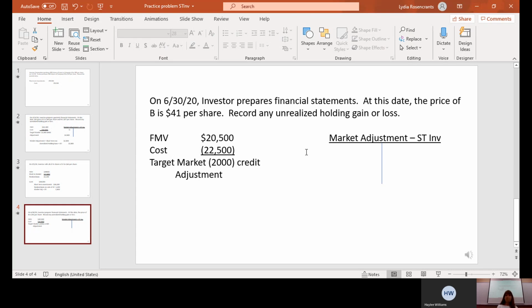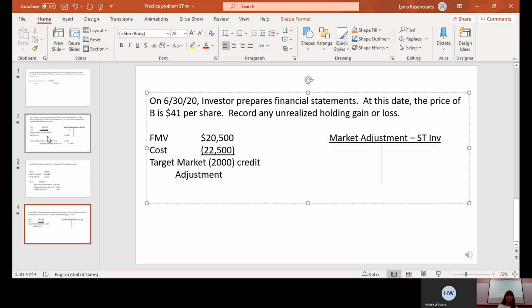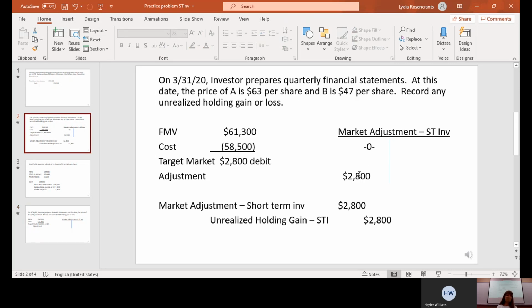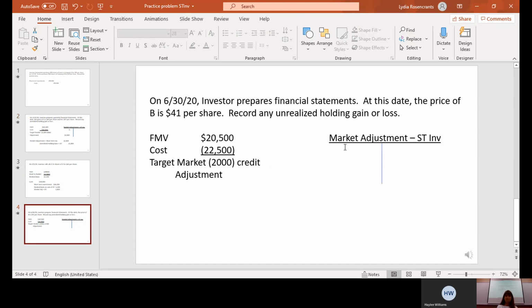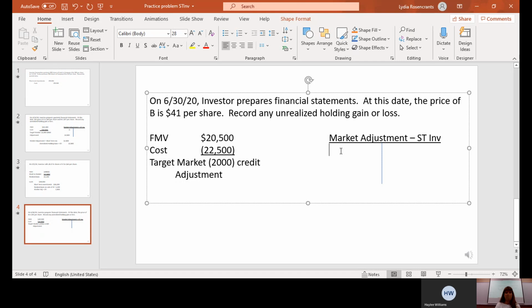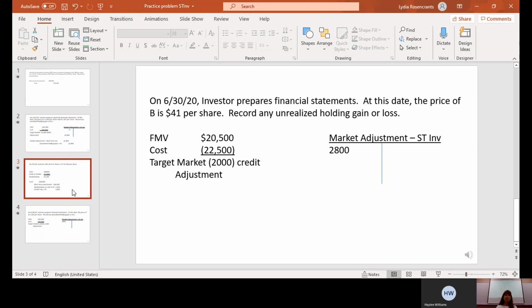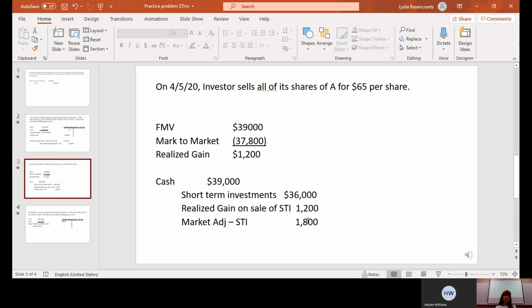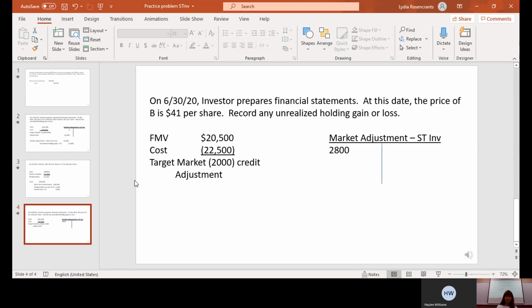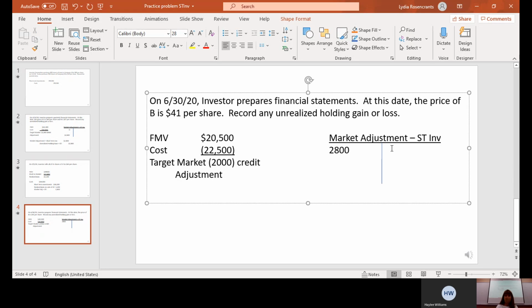Okay, so let's go back to where we were with our market adjustment account at the end of the first revaluation. It had a debit balance of $2,800, right? So I'm going to put that up here. But then in our sale, we credited it for $1,800. I'm going to put that here.